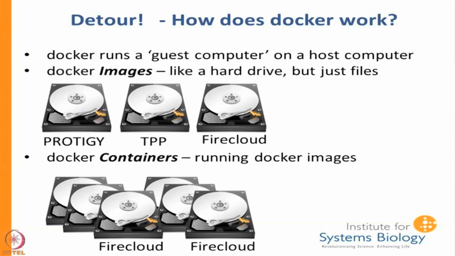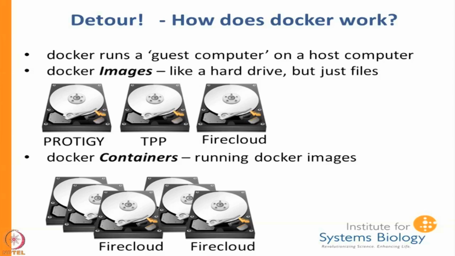So you could have a little hard drive icon showing up for all of these things. On your computer, you could have a Protege image, a TPP image, and a FireCloud image. But the neat thing is, on any given computer, you can run many of these things.